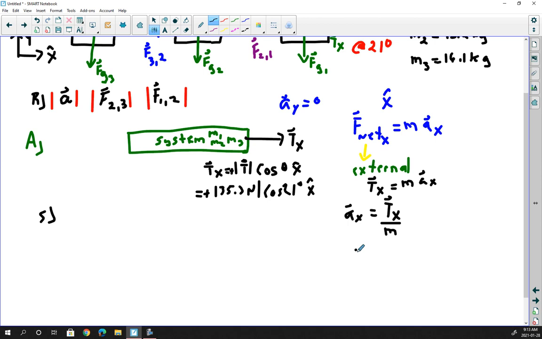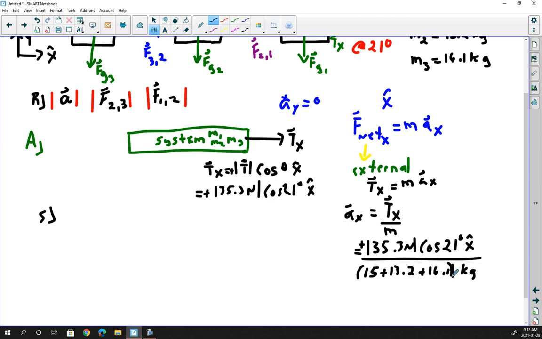And we would get 35.3 newtons times cos 21 degrees, and it's definitely in a positive x hat direction, all over the mass of the entire system. So we have to add them. So it's 15 plus 13.2 plus 16.1, and they're all kilograms.